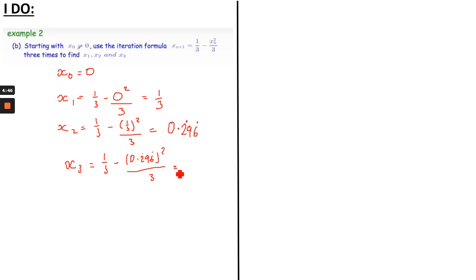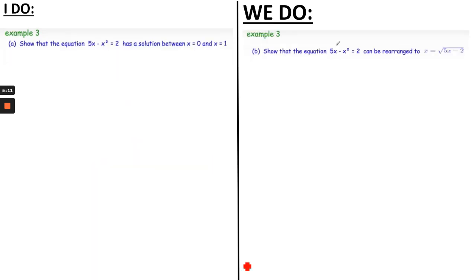And I'm going to put that into my calculator. And that gives me an answer of 0.3040, etc., which is 0.3 to 1 decimal place.